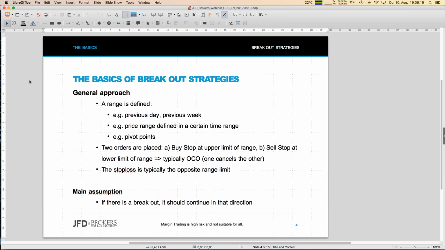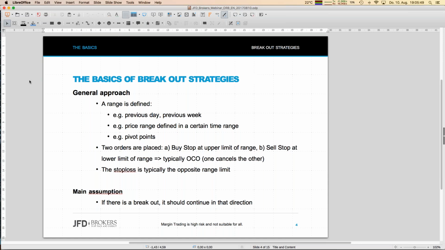So what is the basis of breakout strategies? The first thing we always need is to define a range. I have a picture on my next slide, and we will go through the picture as well. But let's first start by thinking we have a range. Whatever range we have, that range has an upper limit and a lower limit.